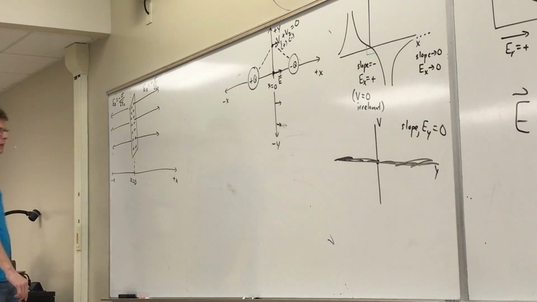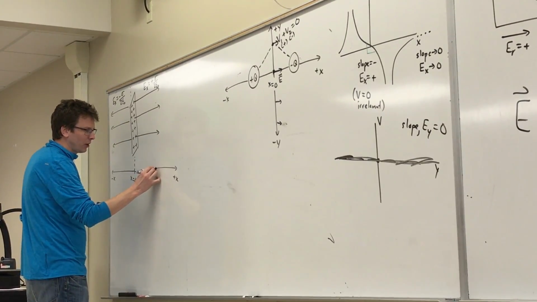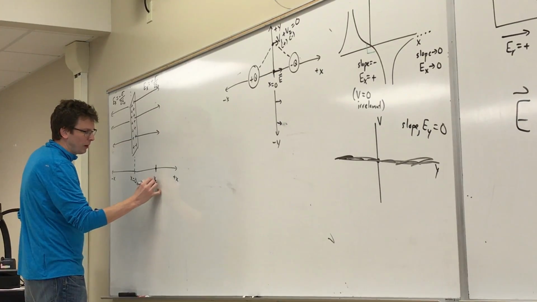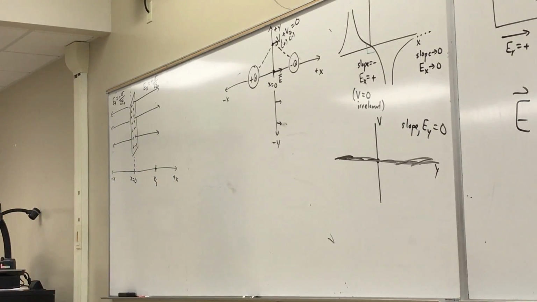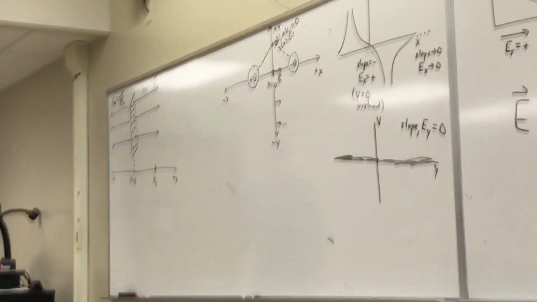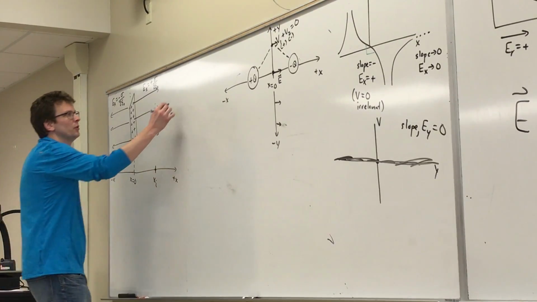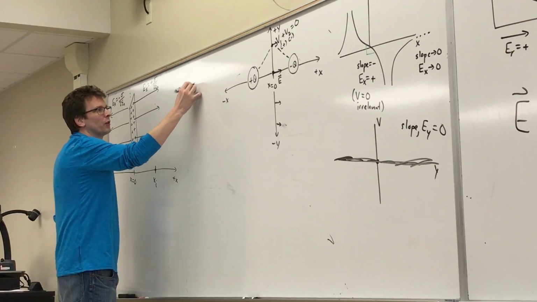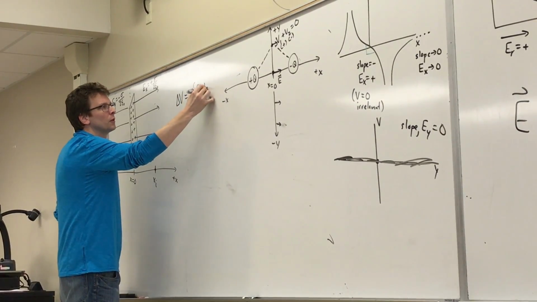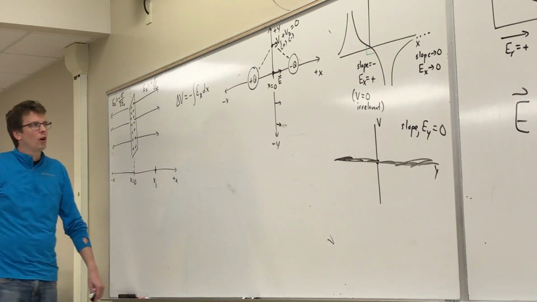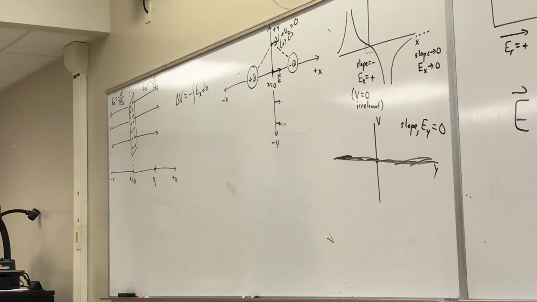So let's go ahead and pick some random point to start at. I'll talk about why I pick a random point. Usually we start very far away, but that's not going to be an option here. And then what I'm going to do is find the voltage function. So this is all x, so I only need to integrate x.